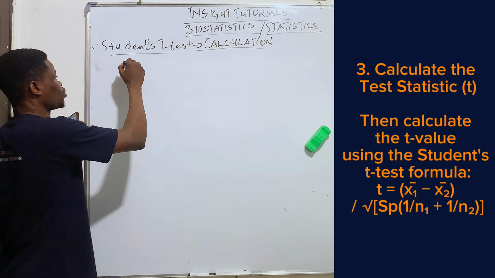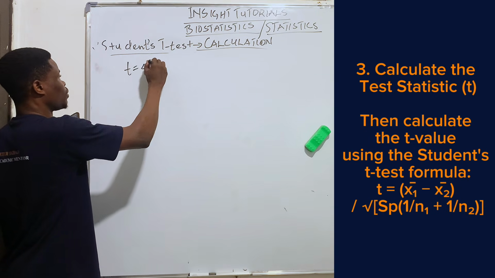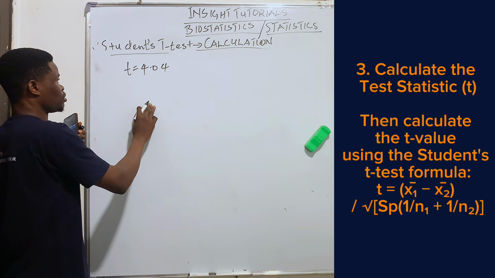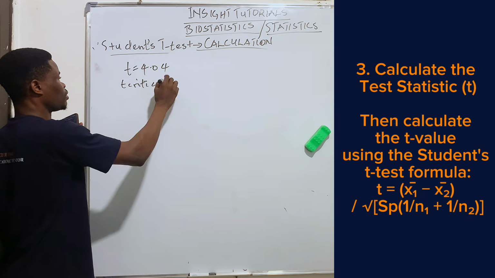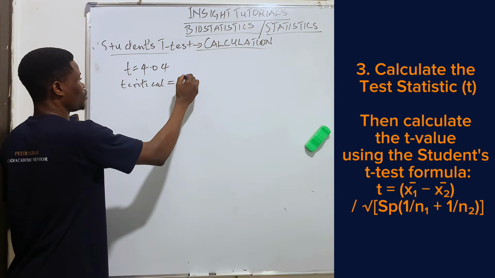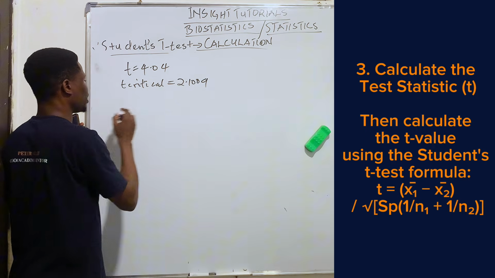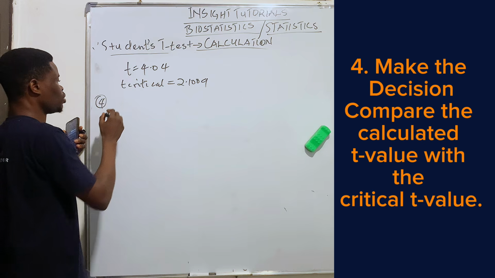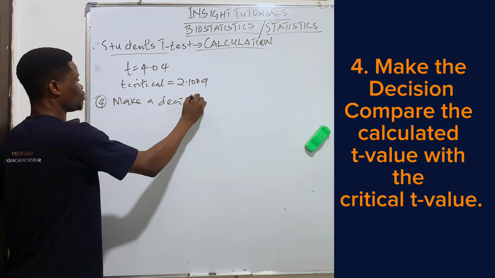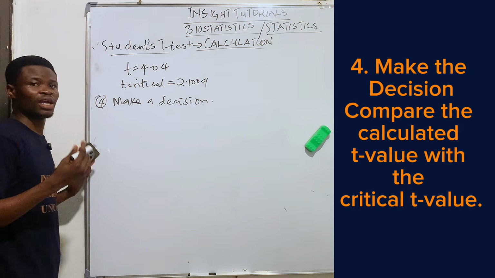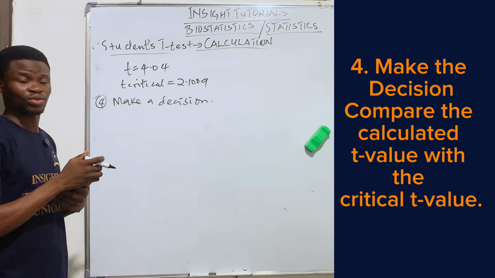All right, so from our solving, we found out that our t value is 4.04 and our t critical value was given to us as 2.1009. The fourth thing we have to do is to make a decision. Now, there are general laws that guide us in making decisions in the student t-test.